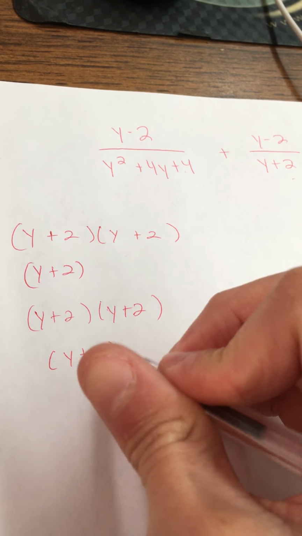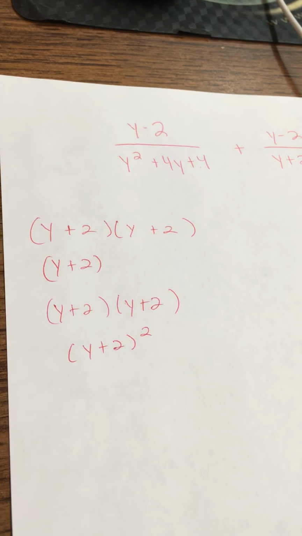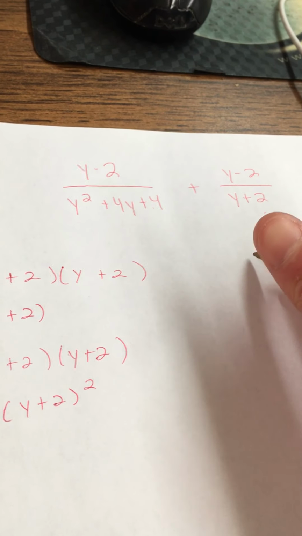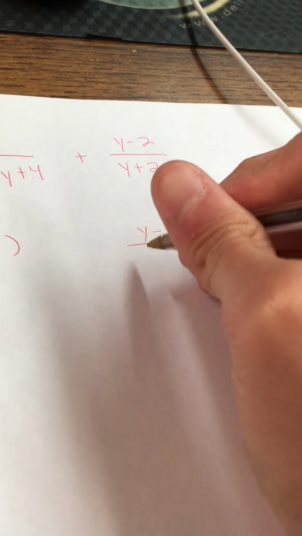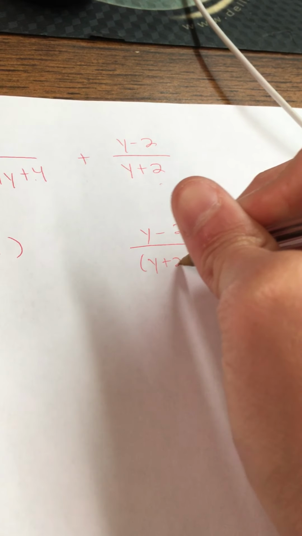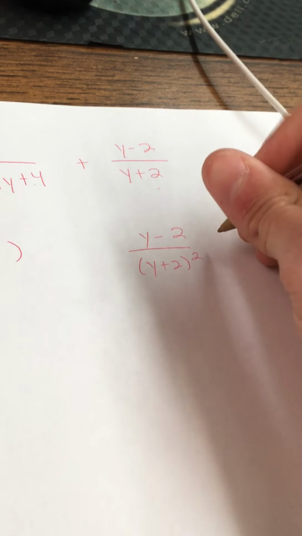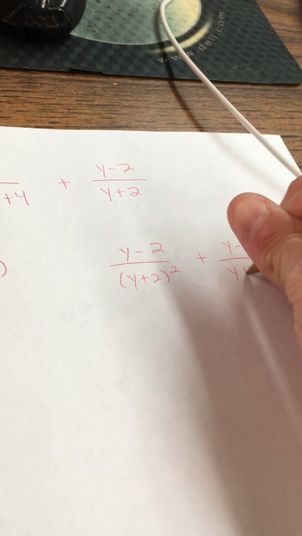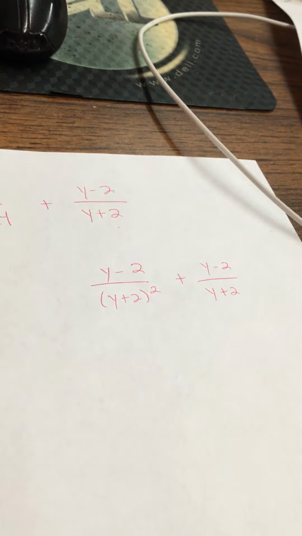Y plus 2 squared. So I think we found our common denominator, right? After factoring this one out. So we got y minus 2 over y plus 2 squared plus y minus 2 over y plus 2.